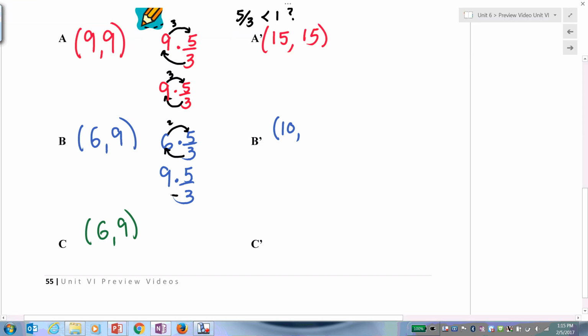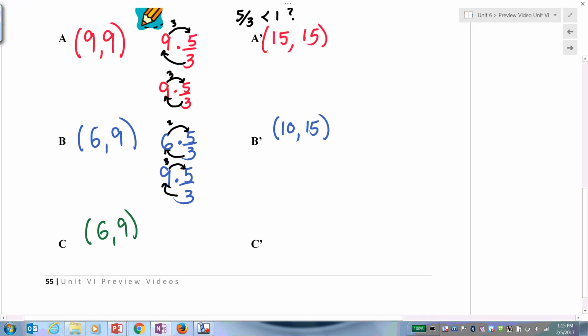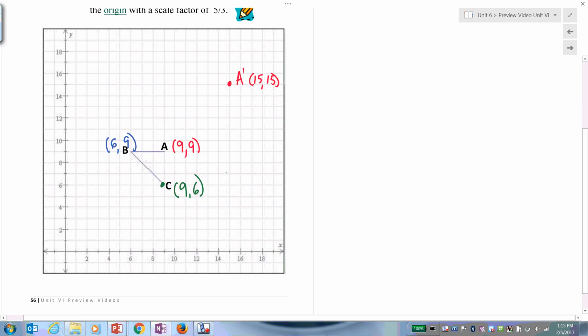Arrow in, arrow out. 3 goes into 9 3 times. 3 times 5, 15. We have 10, 15. So here we are at B, 10 and 15. This is B prime.